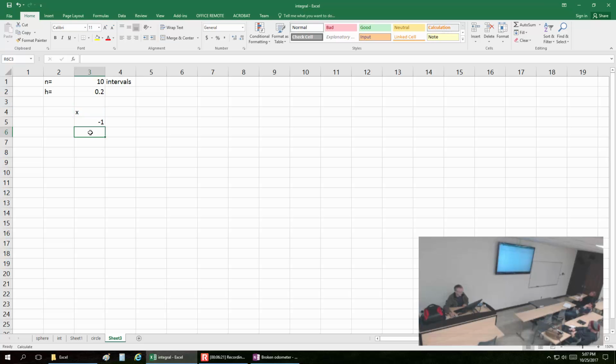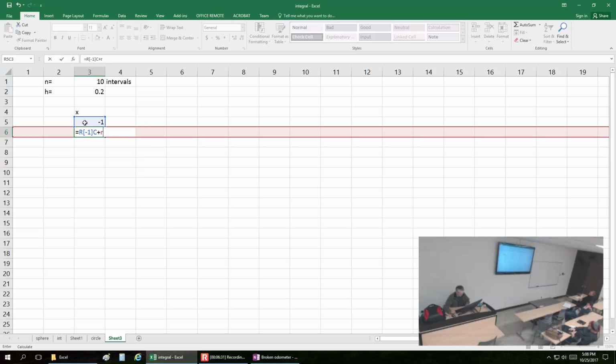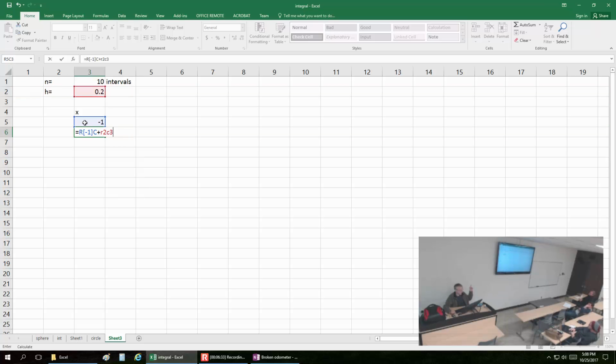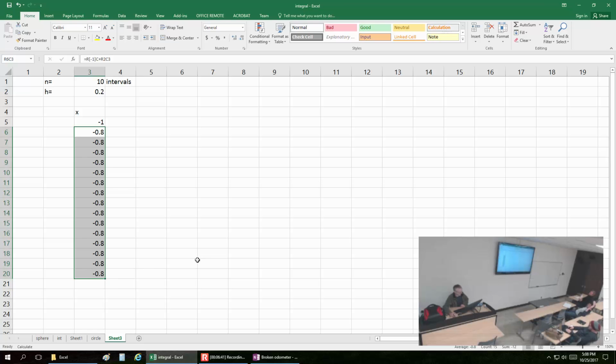So this is equal to the previous one plus R2C3, that entry, 0.2. So we have progressed from -1 to -0.8. Down here, these are my values. It goes too far, frankly, but that's okay. Let me keep it for now.